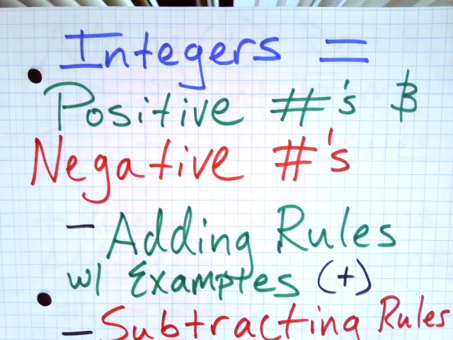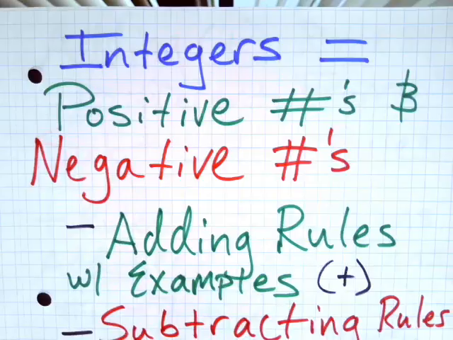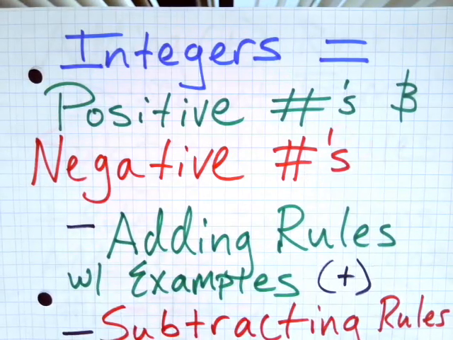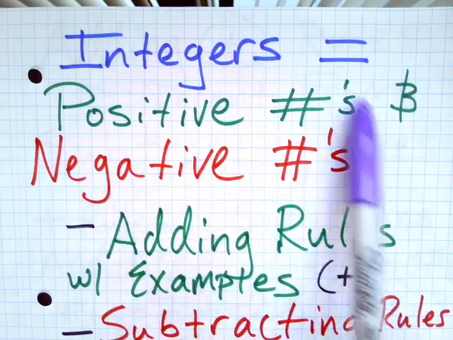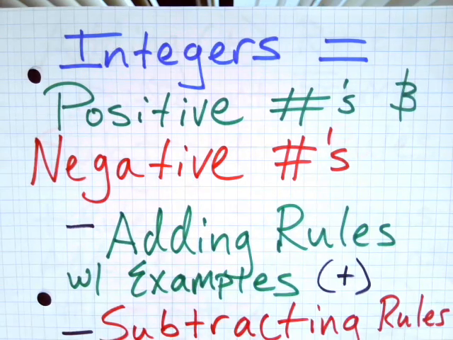So again, I'd like to continue with a series of integer videos. Videos 1, 2, 3, and possibly a fourth video on adding and subtracting rules for positive and negative numbers. I want to take my time and break these videos up.